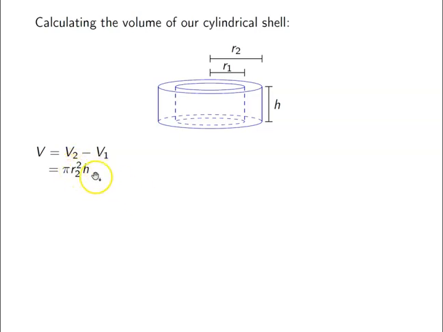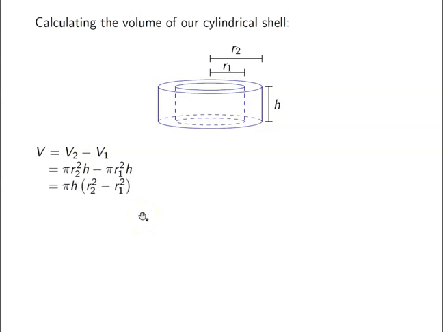So volume is pi r squared, the area of the base, times the height. In our case, the big cylinder has a radius of r2. The inner cylinder that we should be subtracting from the whole has a radius of r1. Very straightforward.